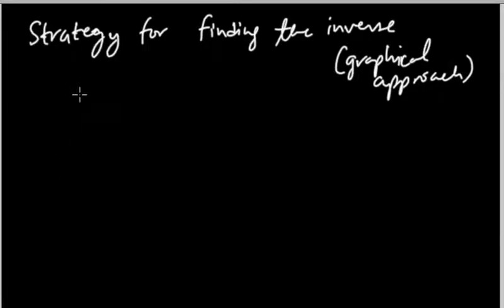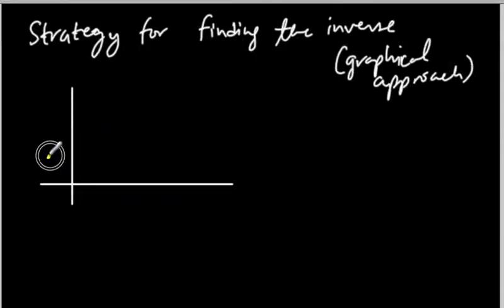I have some function, and it looks like this. Let's say I have one point right there at -2, 2, and another point at 2, 4, so 1, 2, 3, so 3, and that's 2, so 2, 4.